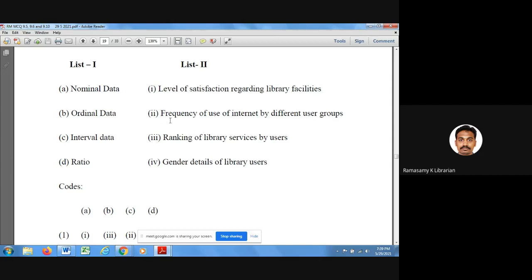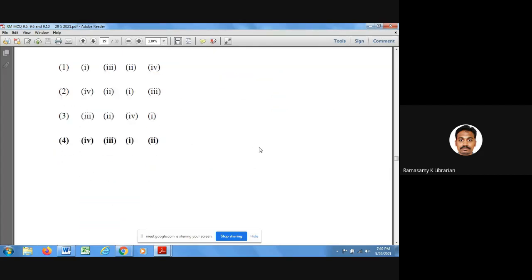How frequently users are using the internet. It can be 10 times a day or 20 times a day or 0 times a day. Okay, if a user says that I have only 0 frequency, it means that he has not visited the library to make use of internet in that particular day or week. So a true 0, an absolute 0, is available. So this data is ratio data. Fine. There are 4 different types of measurement data.